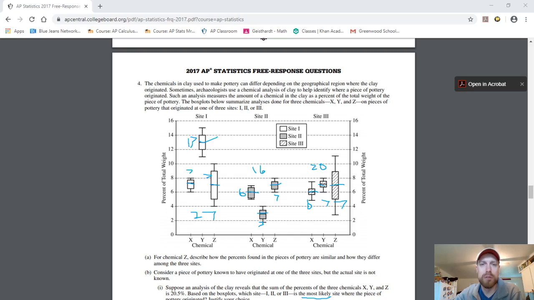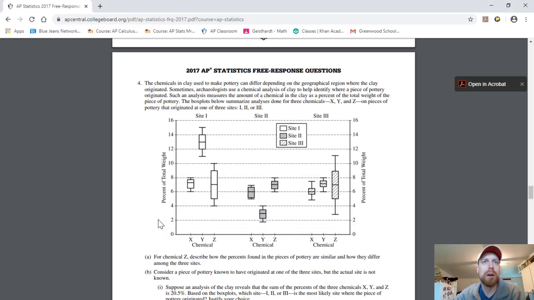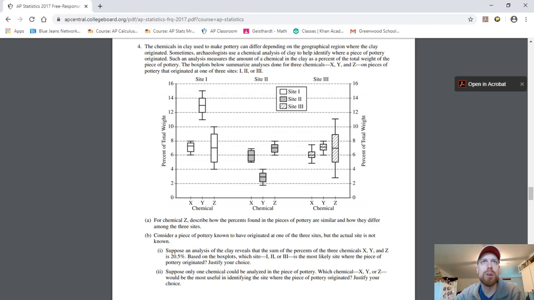So let us go into a little more depth. All right, so we'll have 6, and we'll have 11, and we'll have 4, and that's 21.